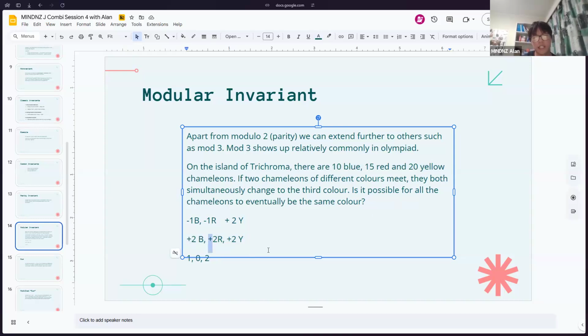But if they change by the same amount, then if two are different, let's say the 1 and the 0, they will stay different after any number of moves. And if they stay different after any number of moves, then we can never reach them all being the same, which is why we can't get to 0, 0, 0.